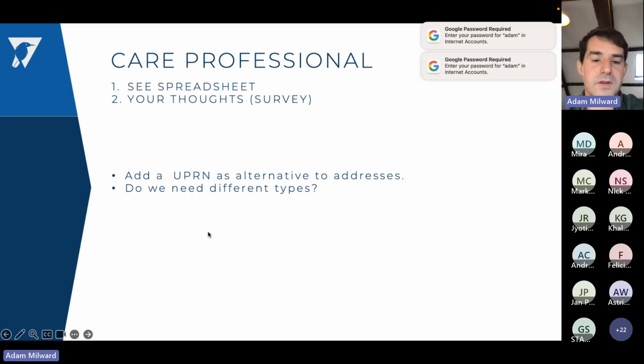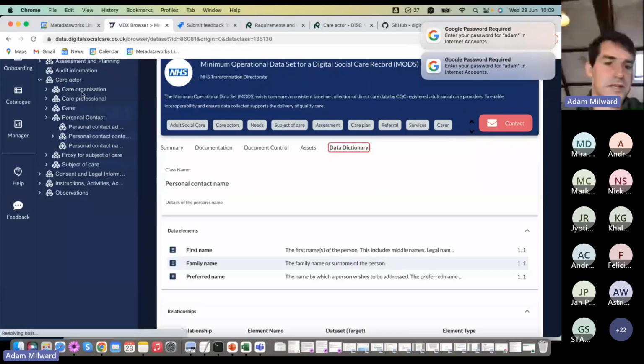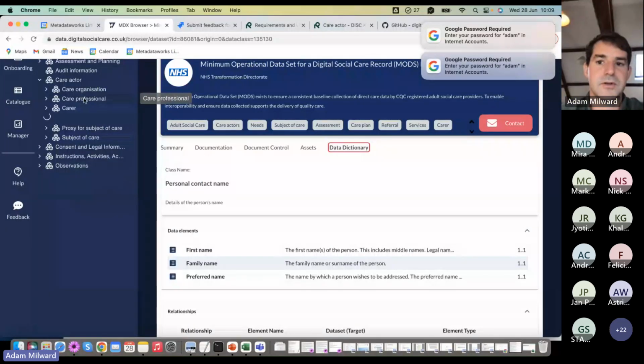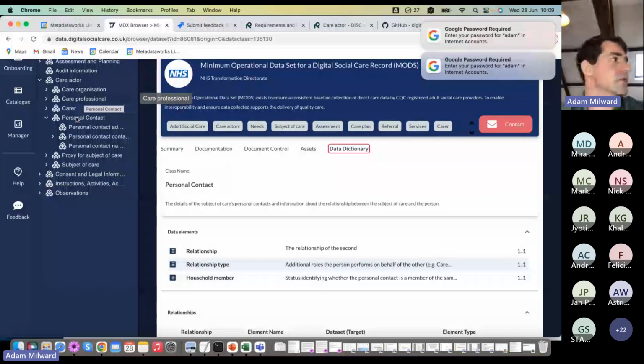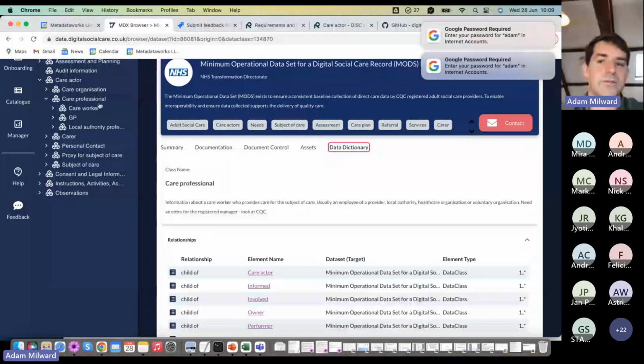I think the 2 bits of feedback, again, UPRN, time to address, that applies to all of them. I think there's a question about whether we actually need to break them out into different types. At the moment, we've articulated a couple of different types of care professional. We've got care workers, we've got GPs, and we've got local authority professionals. All of these, essentially, we're collecting exactly the same information for.